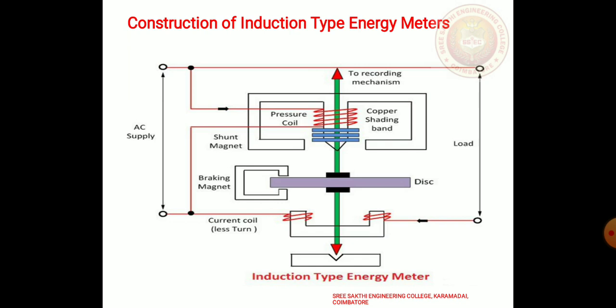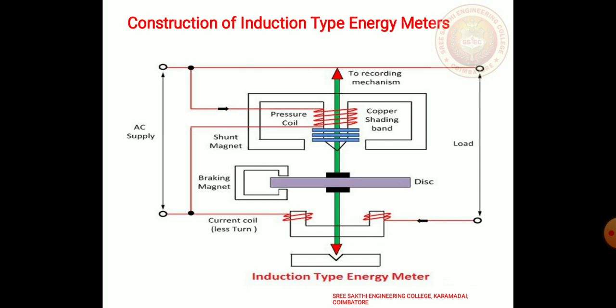The moving system essentially consists of a light rotating aluminum disc mounted on a vertical spindle or shaft. The shaft supporting the aluminum disc provides information on the energy consumed by the load. The time varying fluxes produced by the shunt and series magnets induce eddy currents in the aluminum disc.